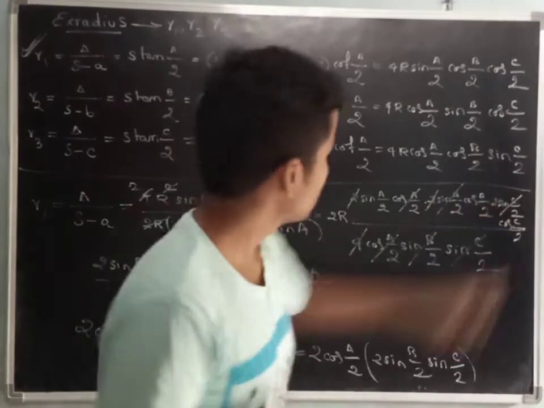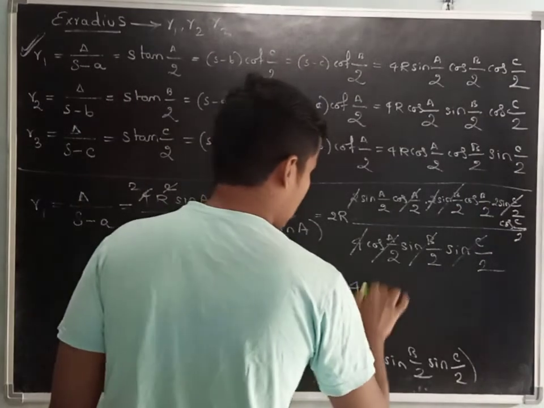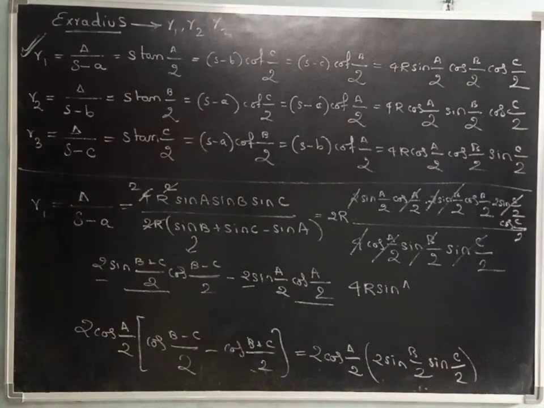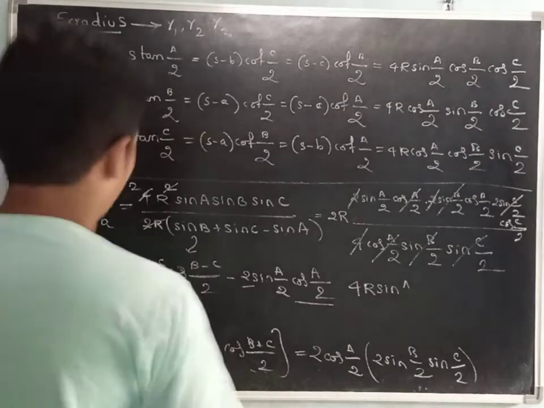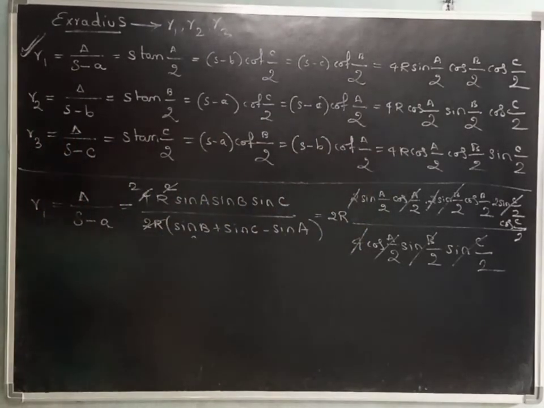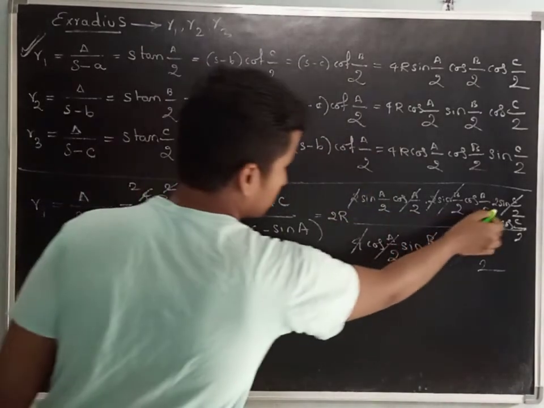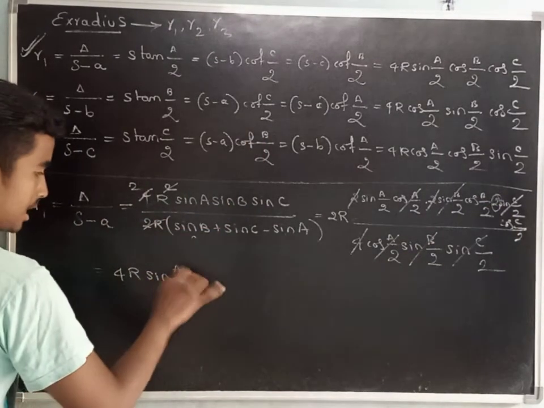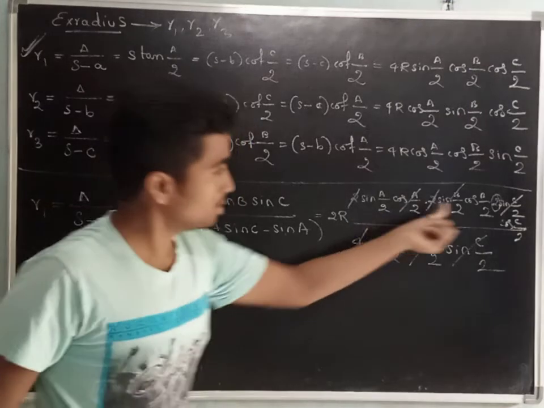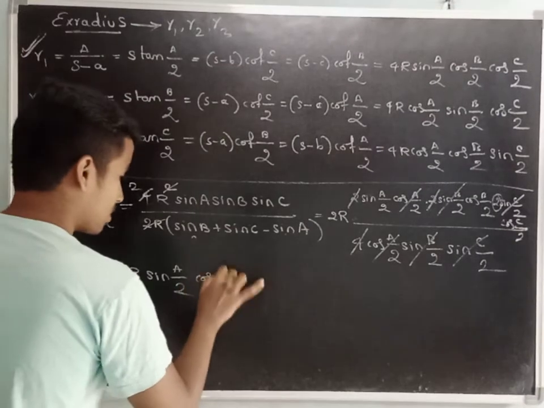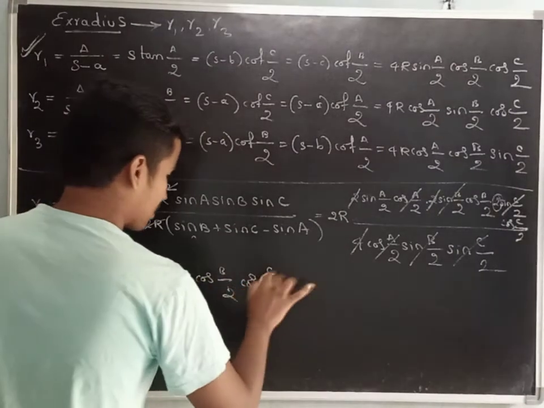2r into 2, 4r. Let me erase this part. Finally we are going to get 4r sine a/2 cos b/2 cos c/2 in the other form.